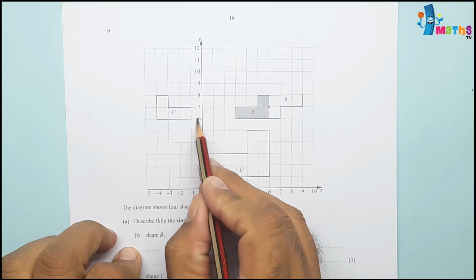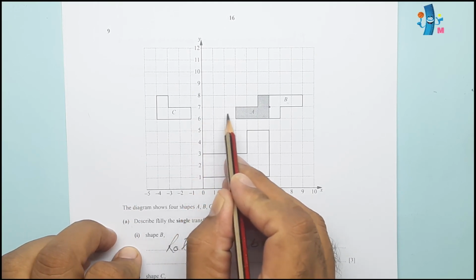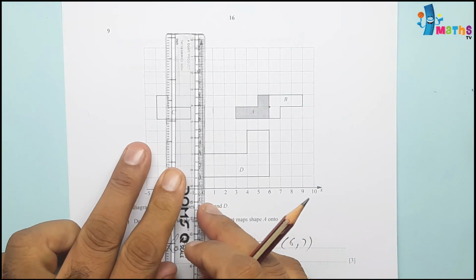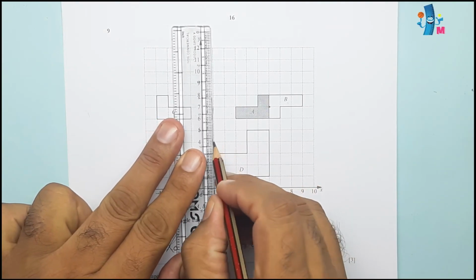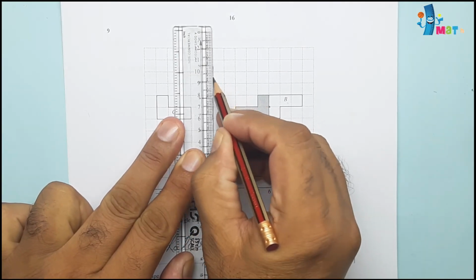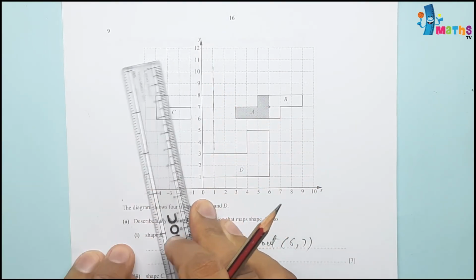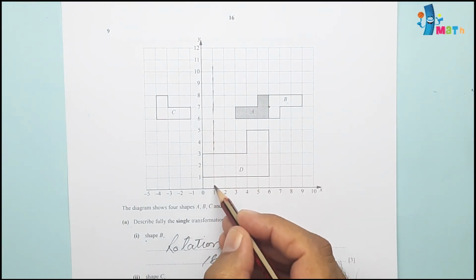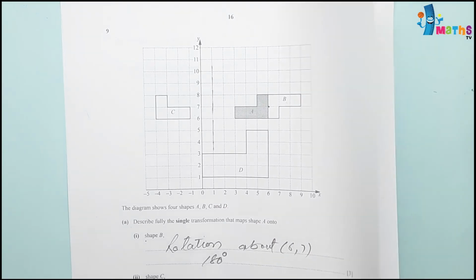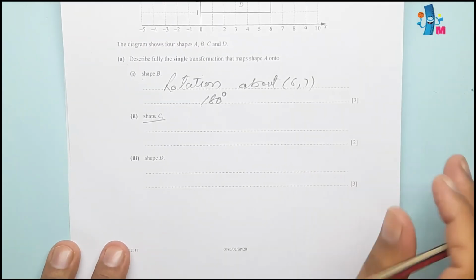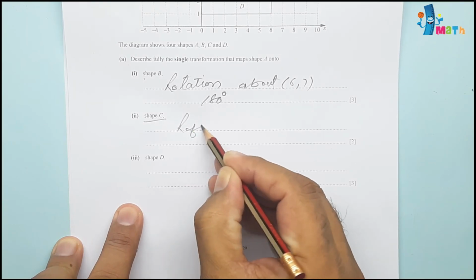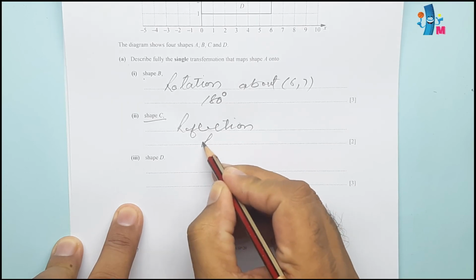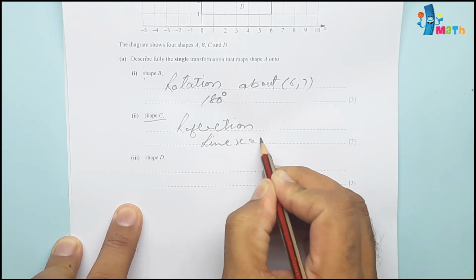If we check the difference between these two shapes, it is 1, 2, 3, 4 units, so the line of reflection we can draw here, and this will be the line of reflection, which is basically the line x equals 1. So we will write the answer over here: reflection, line x equals 1.